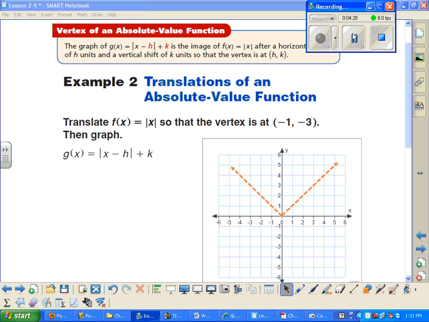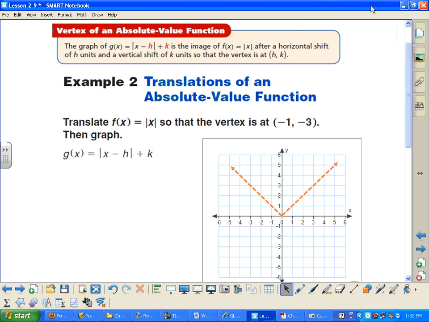-1 will go in for h, and -3 will go into k. So g of x equals the absolute value of x, and if I'm subtracting a negative, that's the same as adding. So we have the absolute value of x plus 1, and then minus 3.